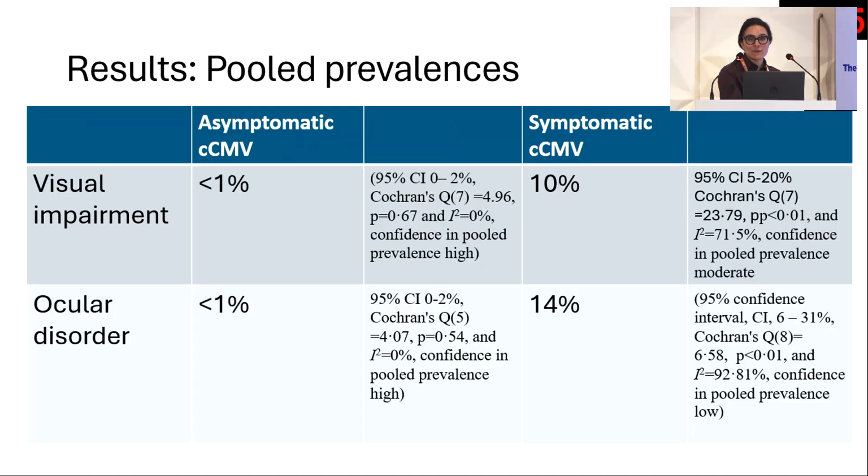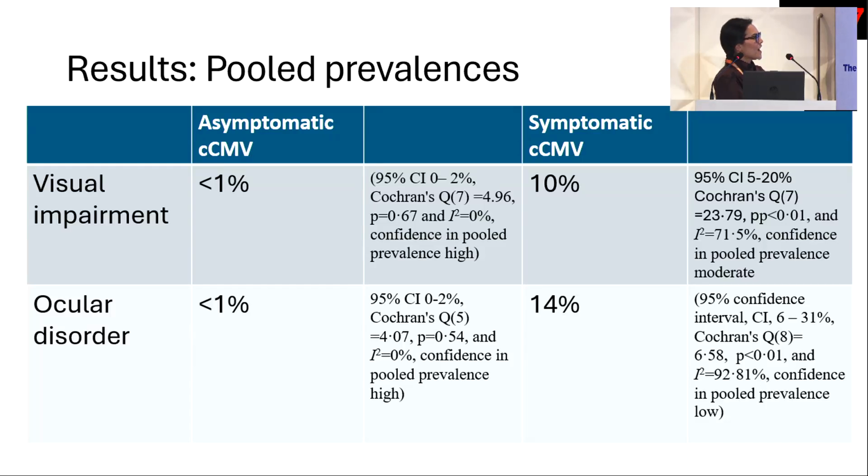So this is really what we were aiming to see. So these are the pooled prevalences. So we looked, again, at asymptomatic and symptomatic patients for evidence of visual impairment and ocular disorder. So if we first look at the asymptomatic column, the pooled prevalence suggests a level of less than 1% visual impairment in children who have no other symptoms of CMV systemically.